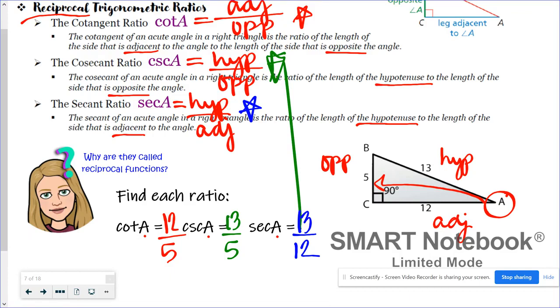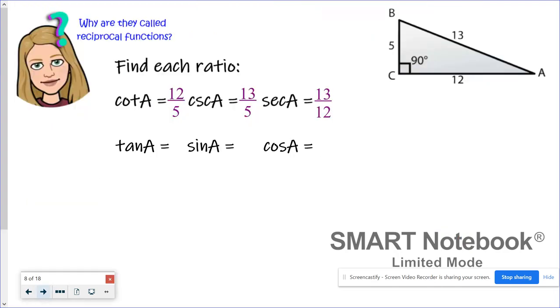Okay, but why do they call these reciprocal functions? Well, let's think about the big three, sine, cosine, and tangent, starting with tangent. When I'm thinking about tangent, this is the image that appears. So tangent is the opposite over the adjacent.